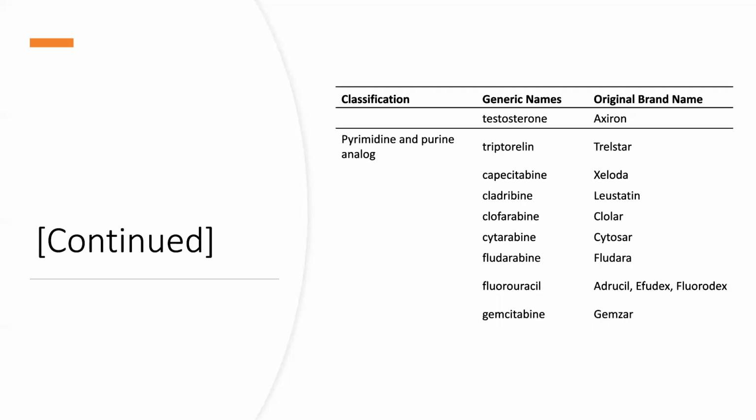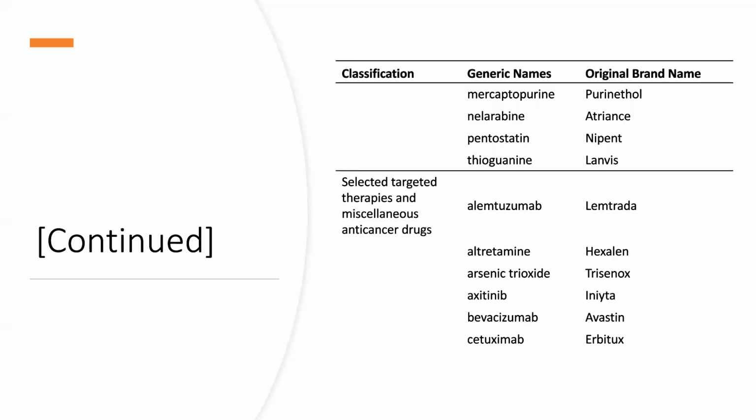Pyrimidine and purine analogs are triptorelin, capecitabine, cladribine, clofarabine, cytarabine, fludarabine, fluorouracil, gemcitabine, mercaptopurine, nelarabine, pentostatin, thioguanine.